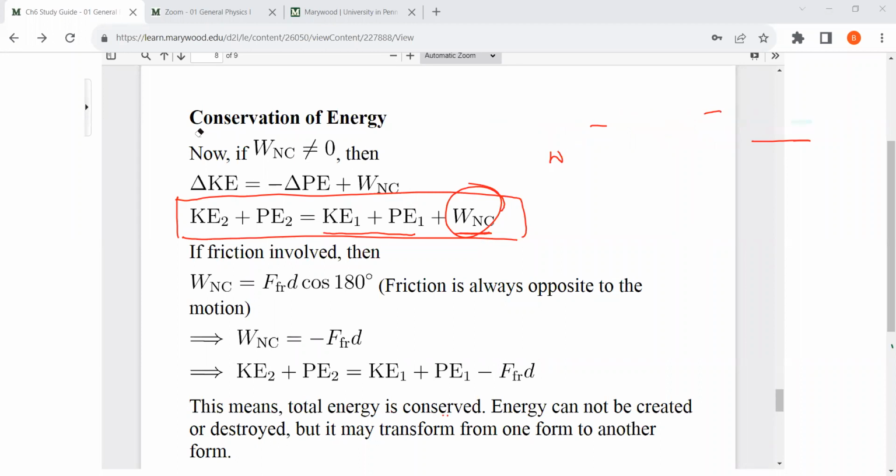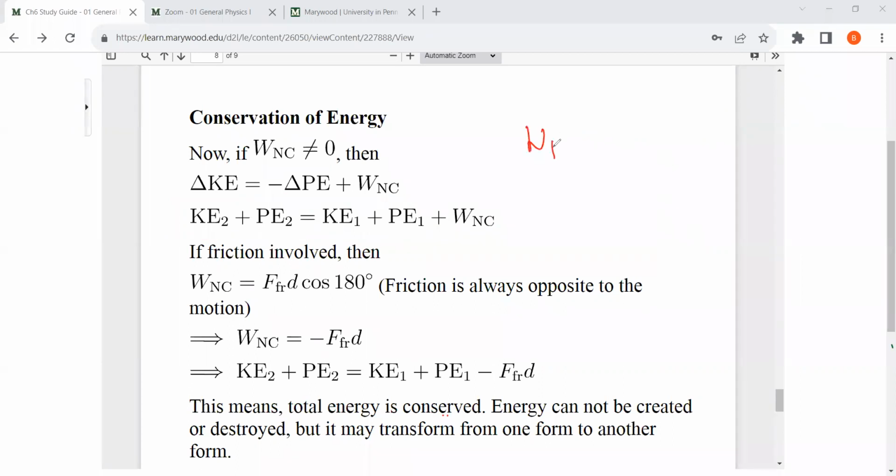Now let's say the non-conservative force is the friction force. Let's try to calculate WNC. WNC for the friction force will be this, right? And you know that the friction force and displacement are always opposite to each other, so the angle is 180 degrees and cosine theta is cosine 180.